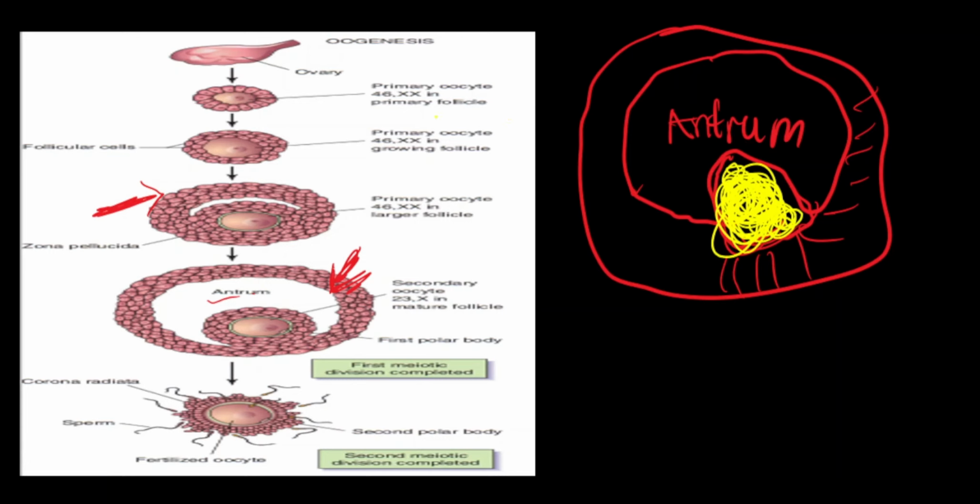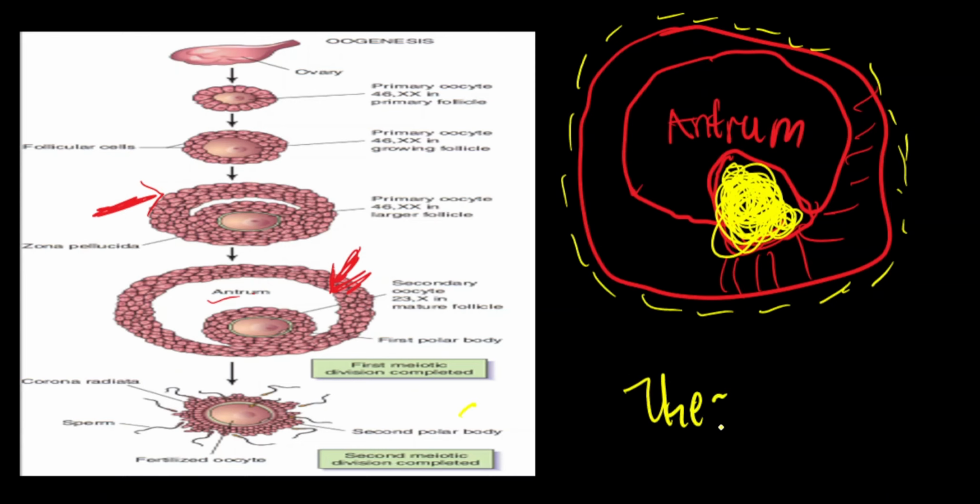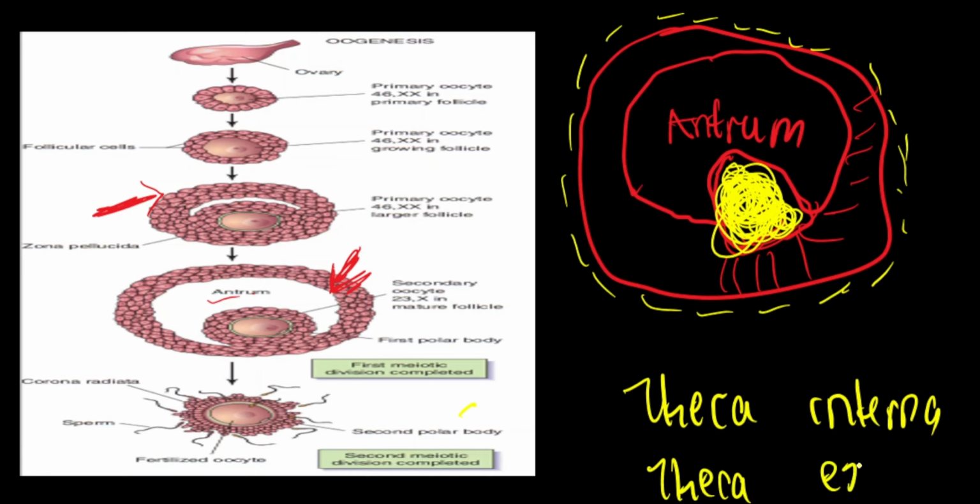We know that the thecal cells form a capsule-like structure around the entire follicle. We have the theca interna, which is vascularized, and the theca externa, which has a fibrous outlook.